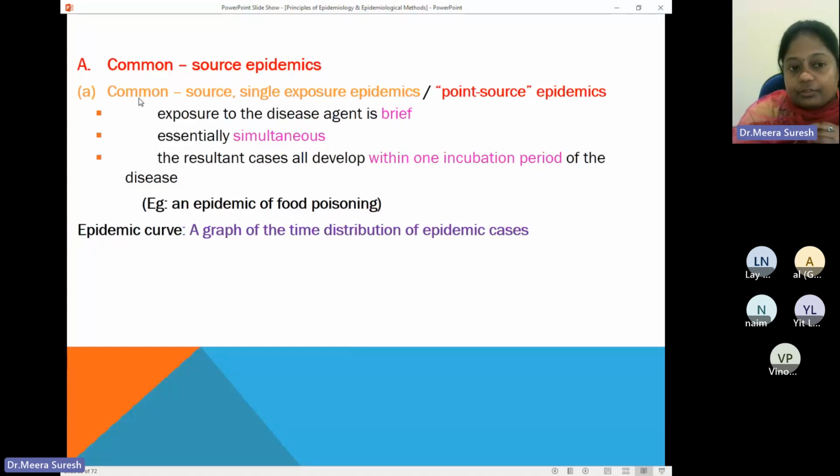So in the common source, if it is a single exposure or a point source epidemic, here the exposure to the disease agent is brief, essentially simultaneous, within one incubation period. This you will understand if I give you an example. For example, you all went for a party.